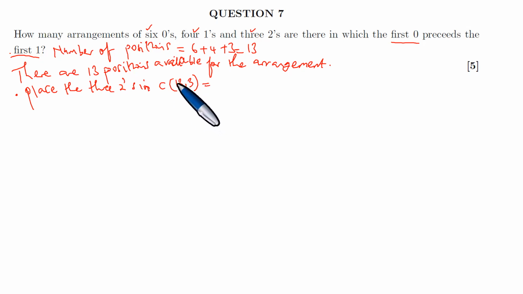Out of the 13 positions, you choose 3 positions in which you place the 3 twos.